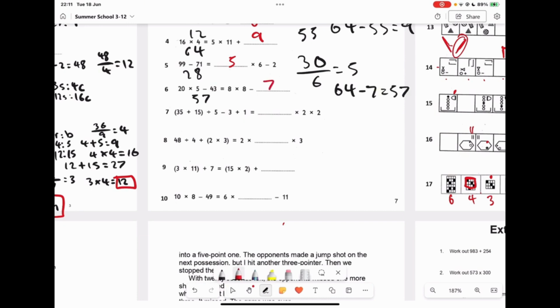Okay, next is going to be question 7, where 35 plus 15, which is 50, and then that divided by 5 is 10. So if we write this out, it will be 50 divided by 5, which is 10.